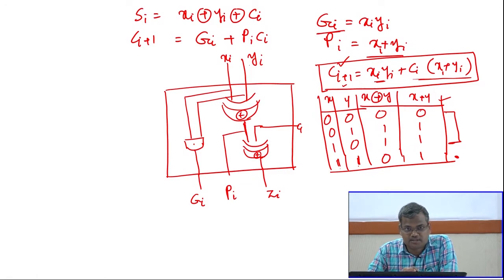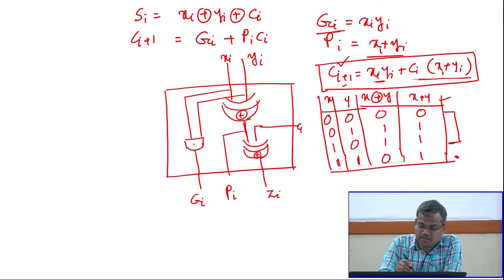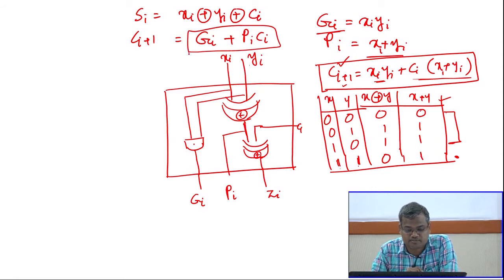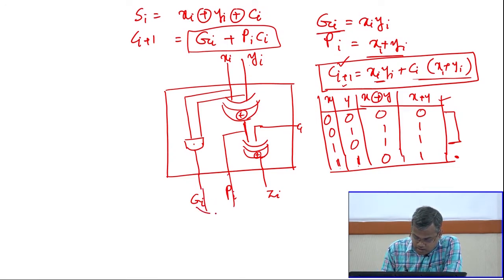Why will this be correct? Because at the end of the day you have to add these two values to get the C I. So, you have to add G I and P I. So, to get the C I plus 1, you have to add this one.